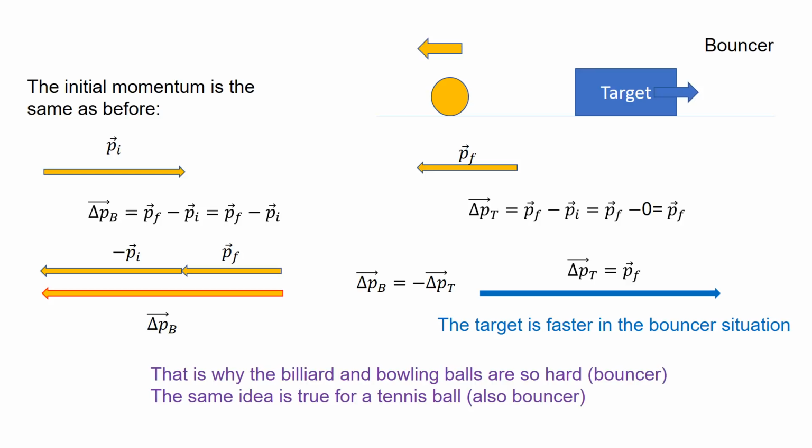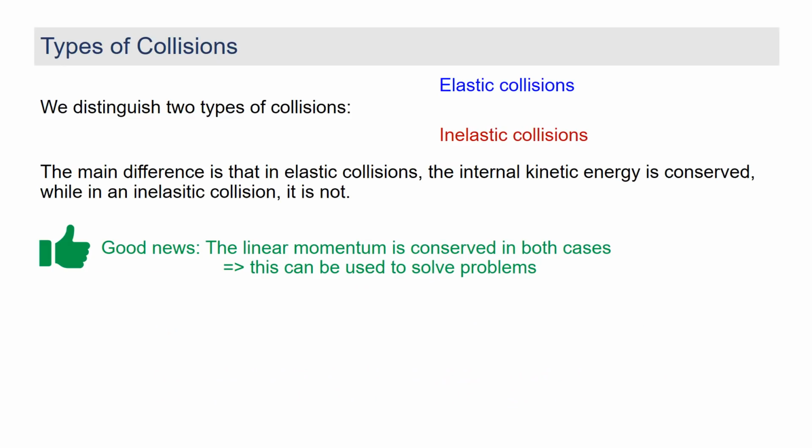That is why billiards and bowling balls are hard. It's also the same reason for tennis balls and soccer balls, because they create an elastic collision where all the energy is conserved. Speaking of energy, there are two types of collisions, elastic and inelastic.